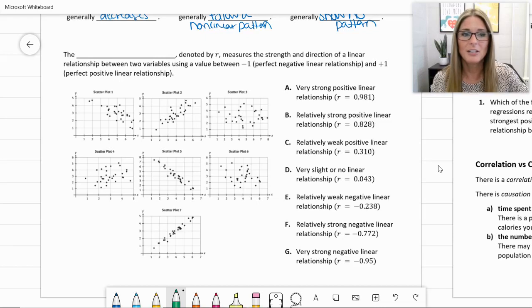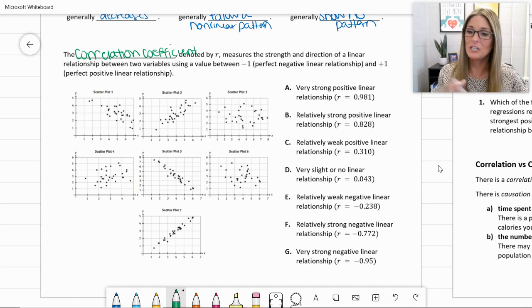On the next section, we're going to look at what's called the correlation coefficient. So we just talked about correlation being kind of our trend or how our data is related. This correlation coefficient is denoted by the letter r, a little lowercase r, and it shows the strength and the direction of a linear relationship between our two variables.